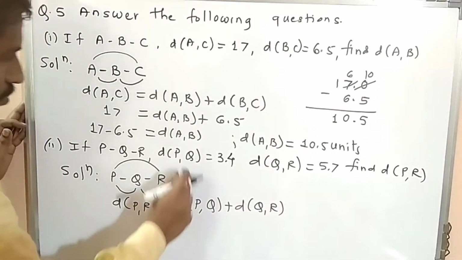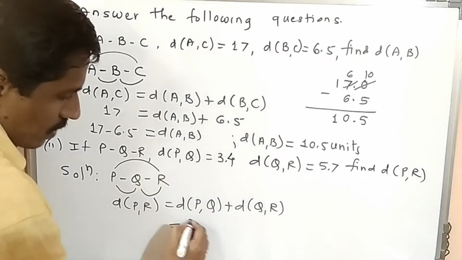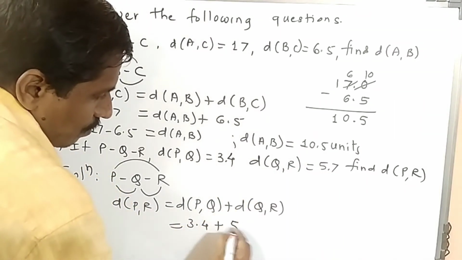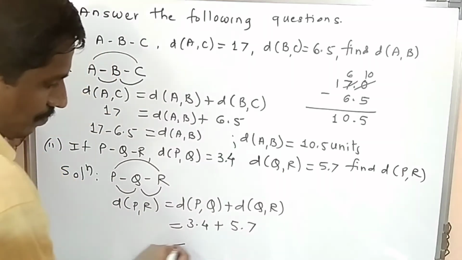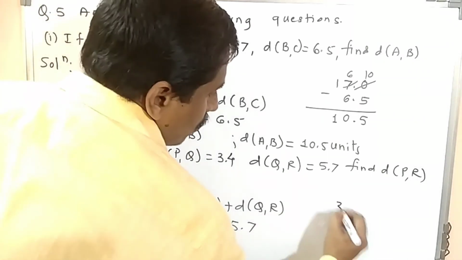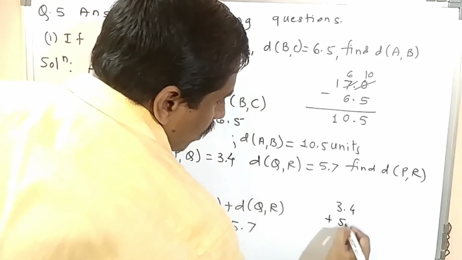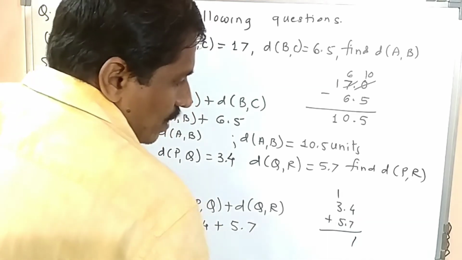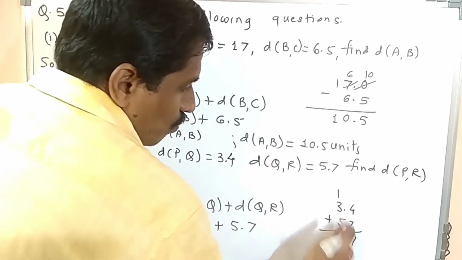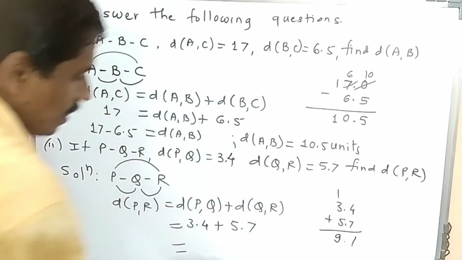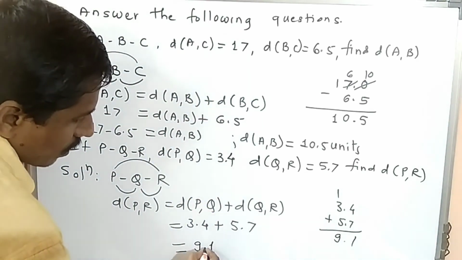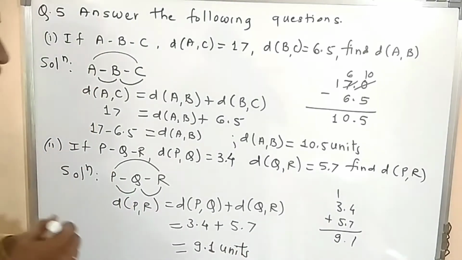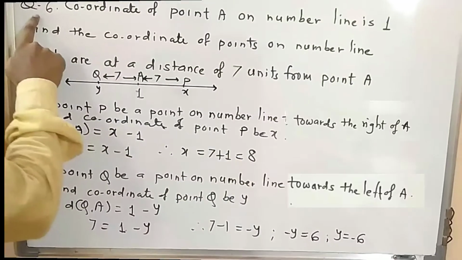Now substituting the values. Distance PQ is given as 3.4. Distance QR is given as 5.7. This is 3.4 plus 5.7. See the addition. 4 plus 7, 11. 1 carries. 1 plus 3, 4. 4 plus 5, that is 9. So 9.1 units. Distance PR is 9.1.